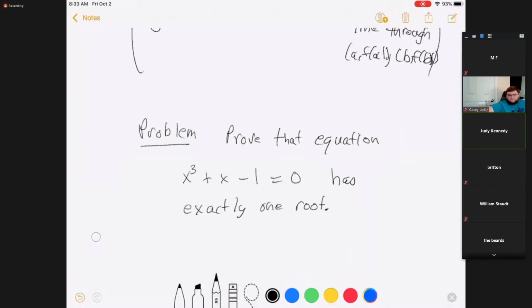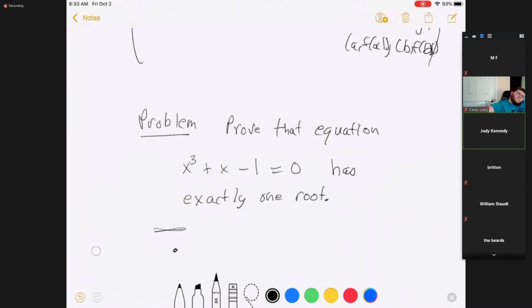Okay, so that means it's got a root, but it doesn't have two. So let's break it up. First, show that it has at least one root.